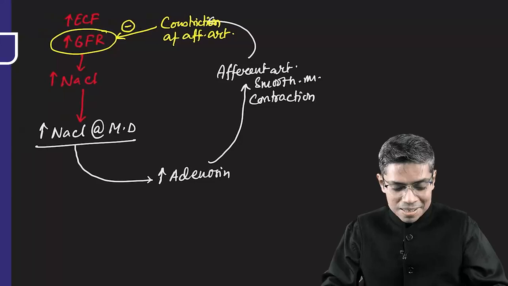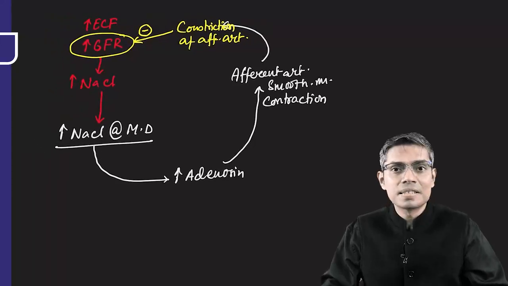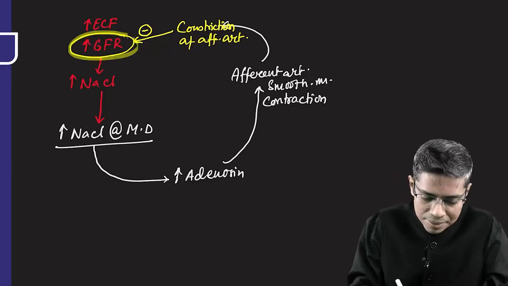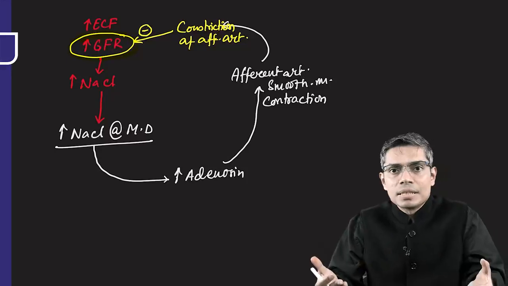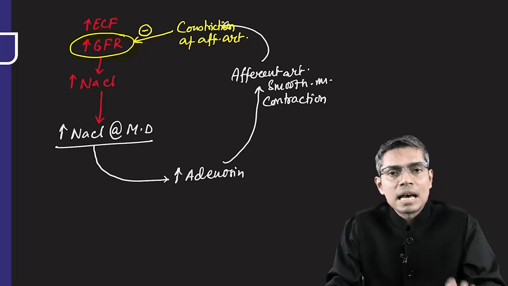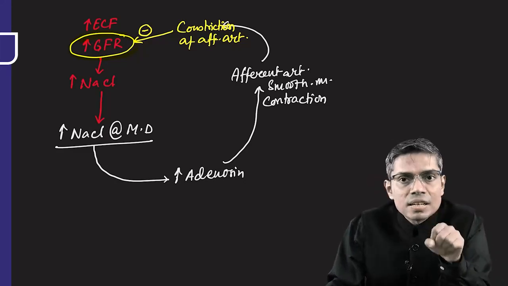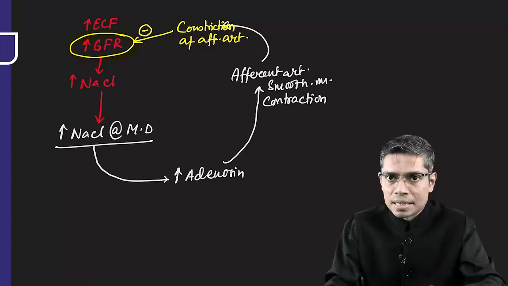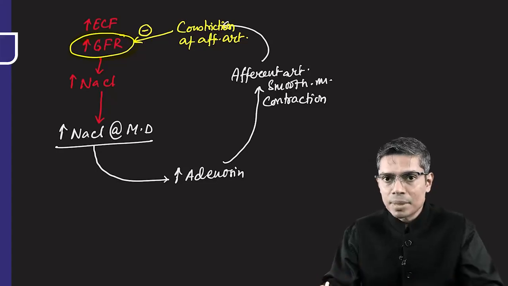So now I can understand what kind of feedback this is. Negative feedback, right? Because the increase in GFR is releasing adenosine, and that adenosine is acting at the level of the afferent arteriole of the glomerulus, and because of the constriction of this afferent arteriole, the GFR is normalized, the GFR is decreasing. So this is a kind of feedback mechanism.